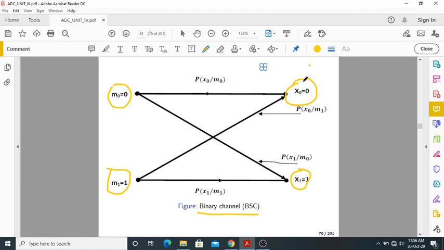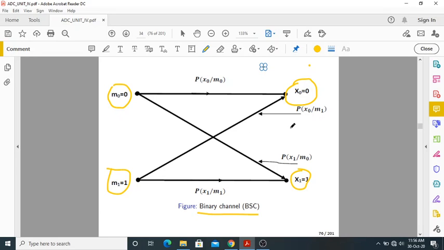From the receiver, you have to find the unknown quantity. Generally you know the probability of m0, the probability of m1, and these 4 transitional probabilities.